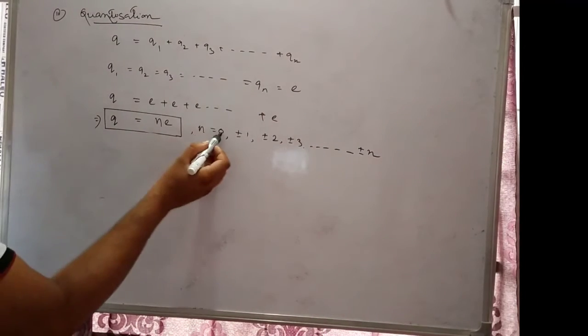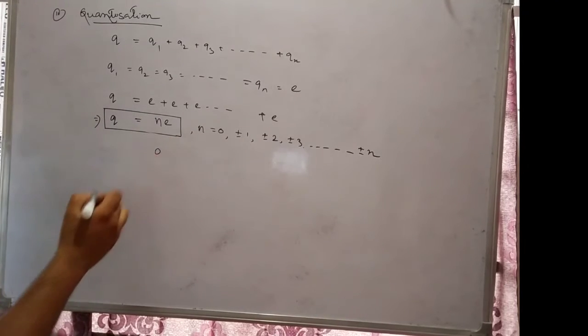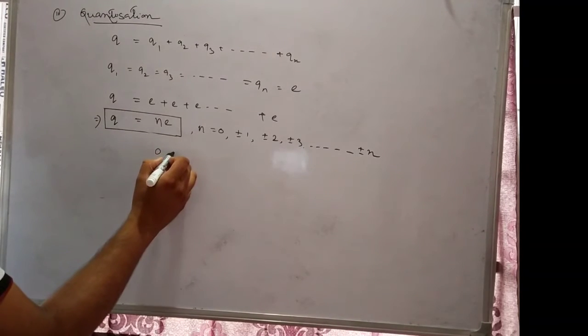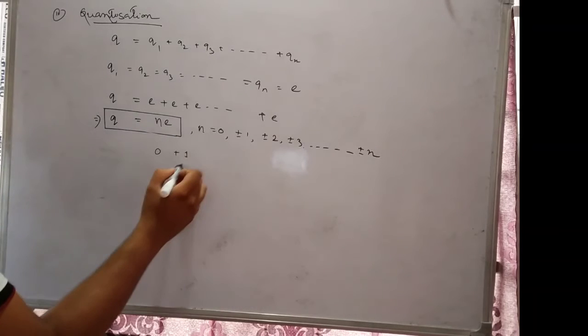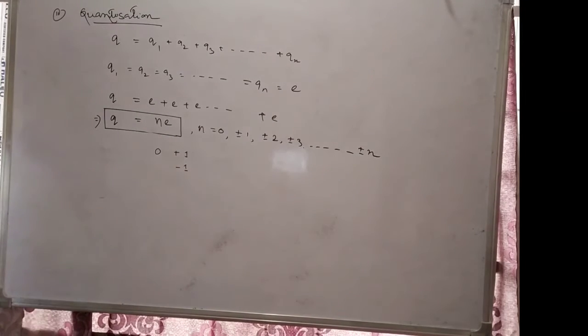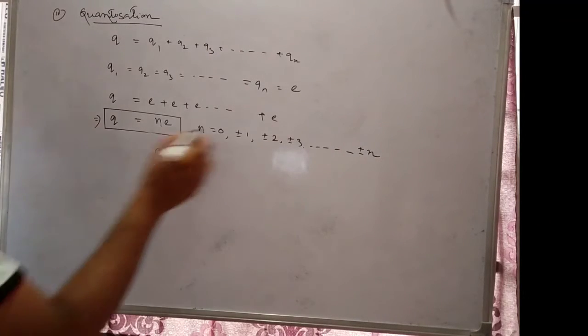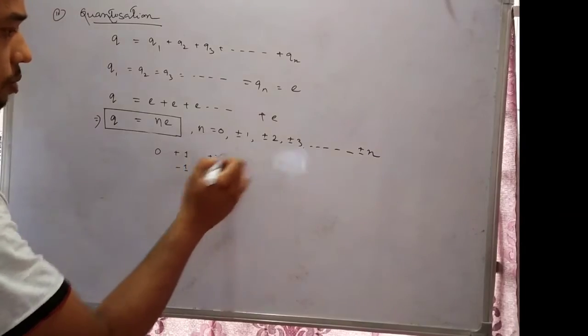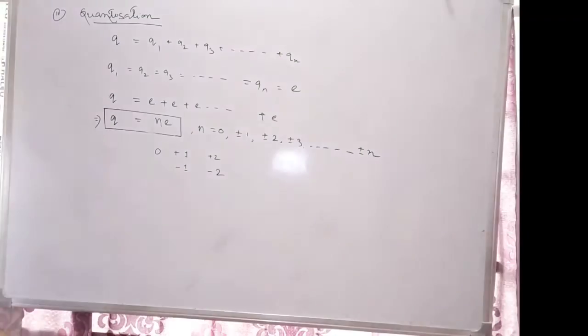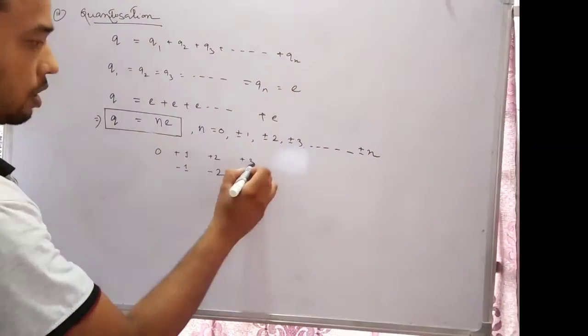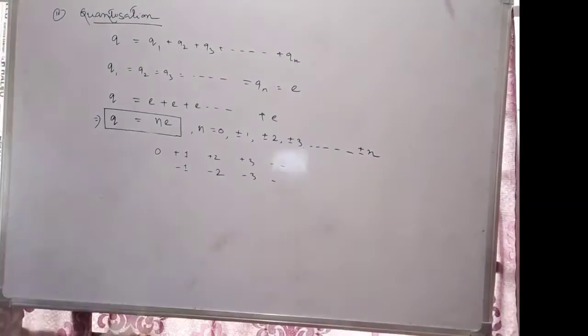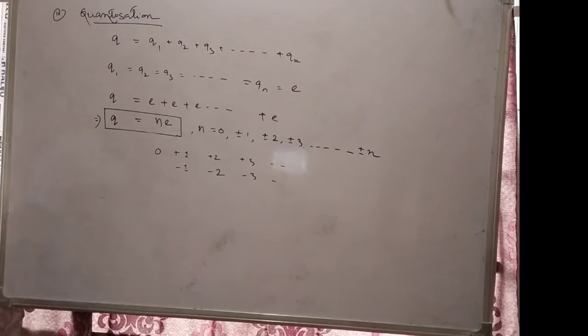If n is 0, then the charge will be 0. If it is plus 1, then the charge will be plus e. If it is minus 1, then it will be minus e, because charge can be positive or negative. If it is 2, it will be plus 2e. If it is minus 2, then it will be minus 2e. Plus 3, minus 3. In this form we can get the value of charge.